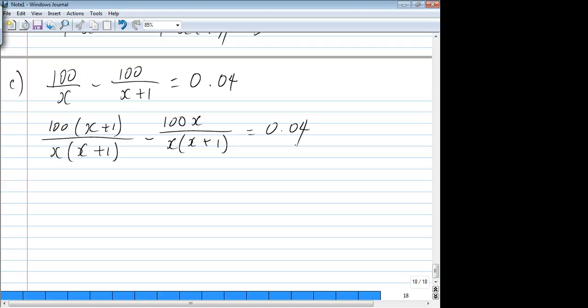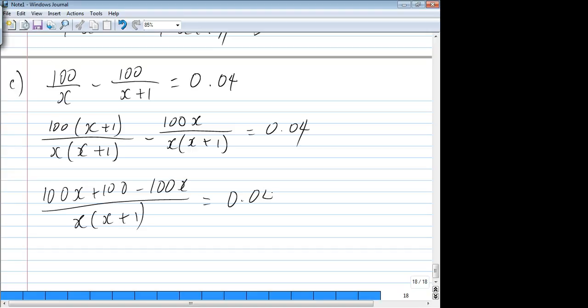Same denominator, combine. Over X times X plus 1, numerator 100X plus 100 minus 100X equals to 0.04. Fraction equals to something else. Okay, this is 0.04 over 1. Cross multiply.